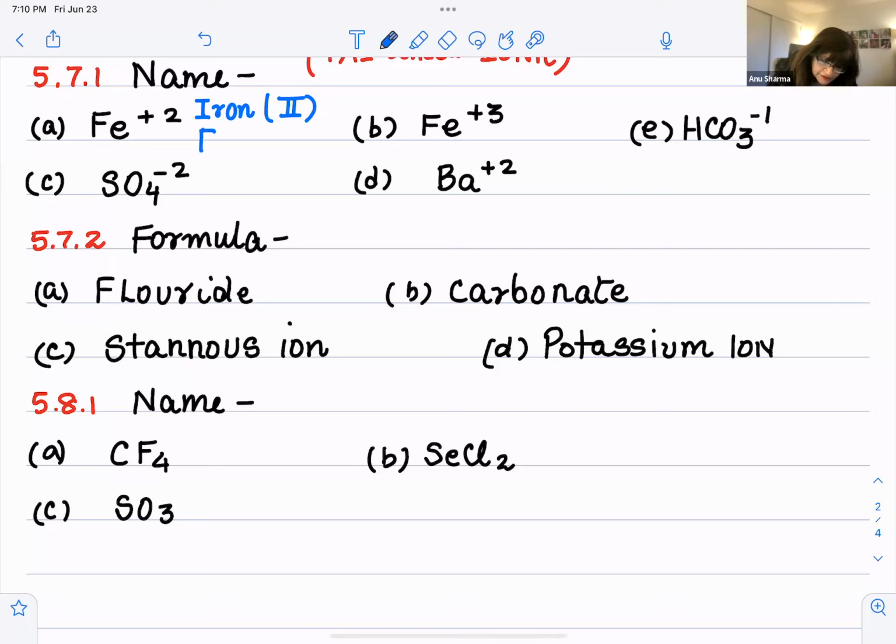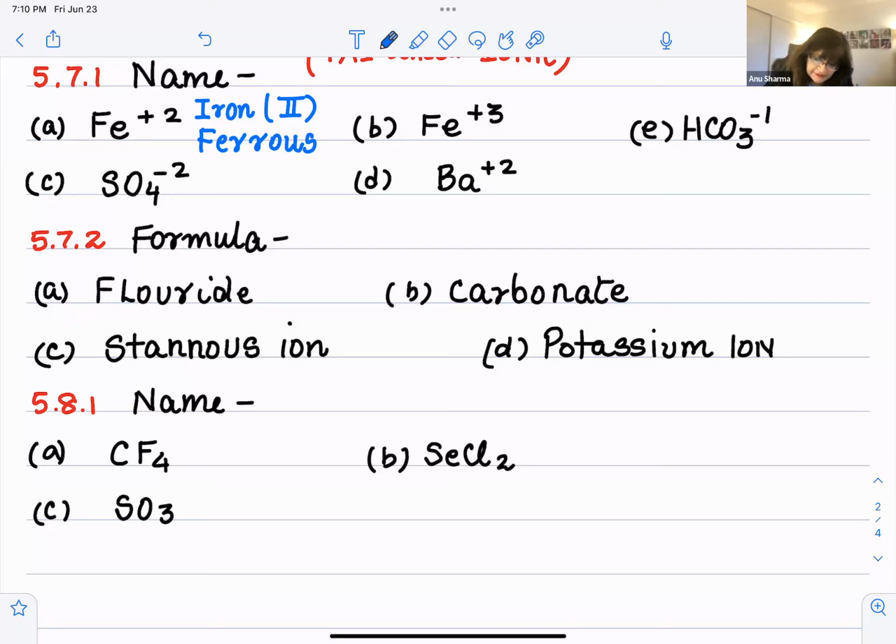Or you can also call this the ous. The lower oxidation state or a lower charge is ous, and the higher is ic. Okay, lower is ous and higher is ic.